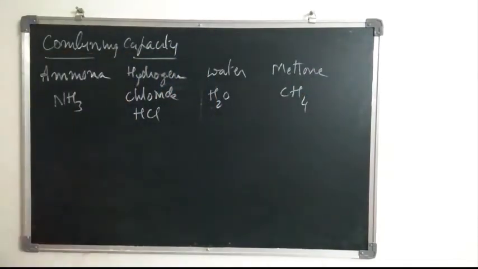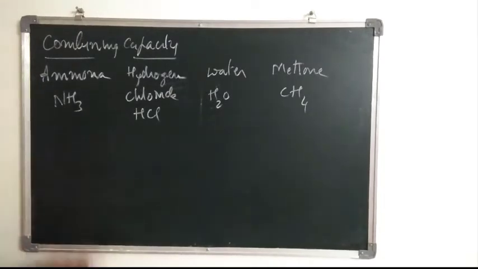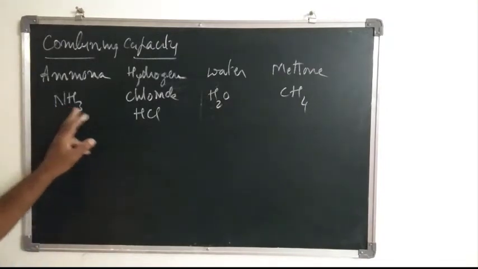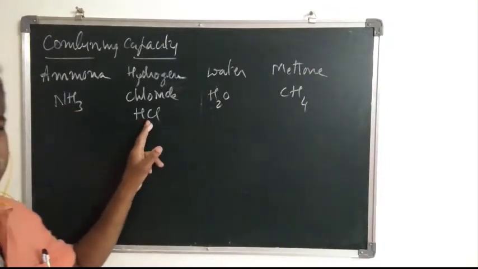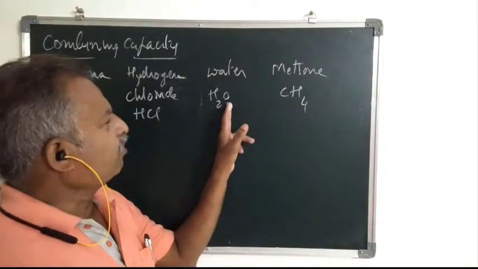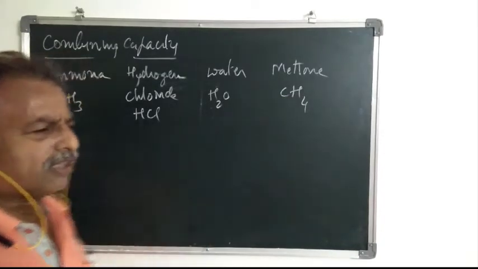See, in all these compounds, hydrogen is combining with another element. Here, one nitrogen atom is combining with 3 hydrogen atoms, one chlorine atom is combining with 1 hydrogen atom, one oxygen atom is combining with 2 hydrogen atoms, one carbon atom is combining with 4 hydrogen atoms.